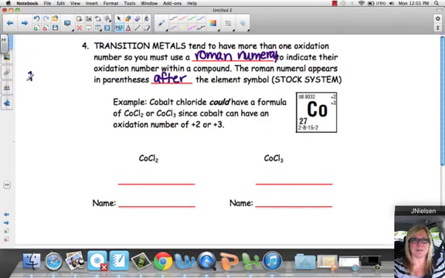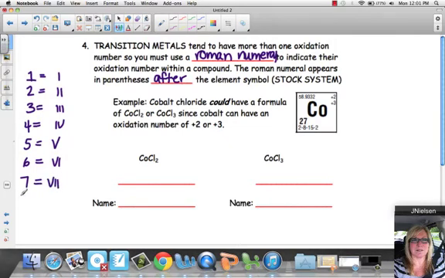So 1 is I, 2 is II, 3 is III, 4 is IV, 5 is V, 6 is VI, 7 is VII, 8 is VIII, 9 is IX, and 10 is X. These are not on the reference tables.